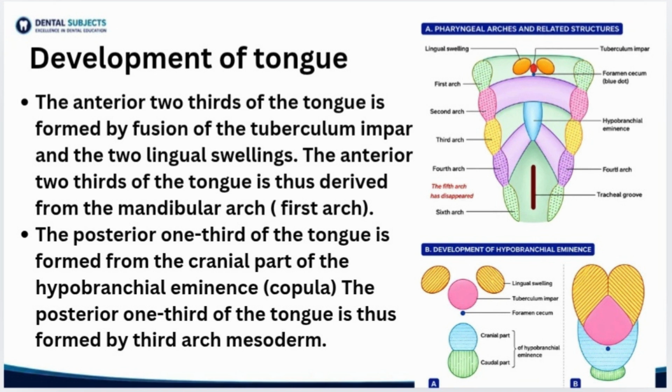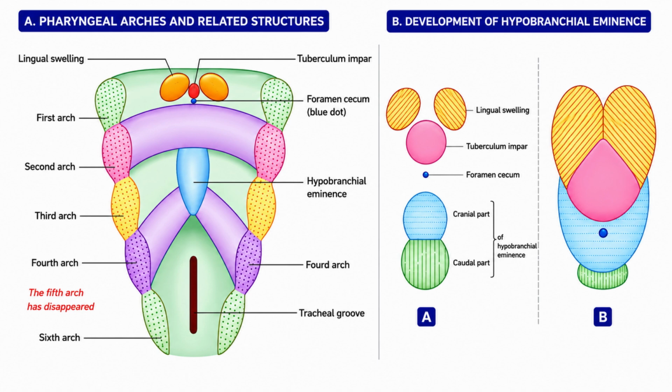The development of the tongue occurs in accordance with the pharyngeal arches. See the diagram. The first pharyngeal arch shows two localized thickenings. These localized thickenings are called the lingual swellings. In between the lingual swellings is the tuberculum impar.